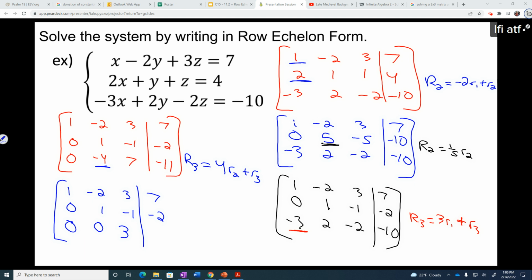This is 3. Wrong. So we divided. Should be negative 3, I think.